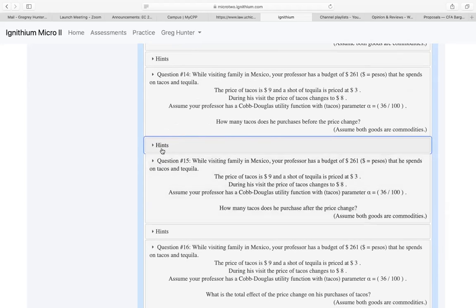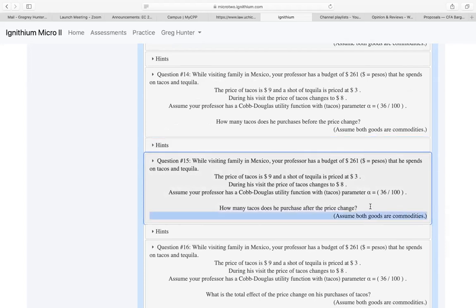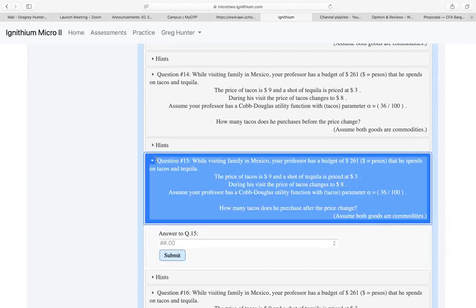It's only when we get down here to question 15, where it asks after the price change, that we have to solve the problem all over again using the new prices, meaning the new price of tacos, in this case 8, and the old price of tequila, because the price of tequila didn't change. So let me put that one up.